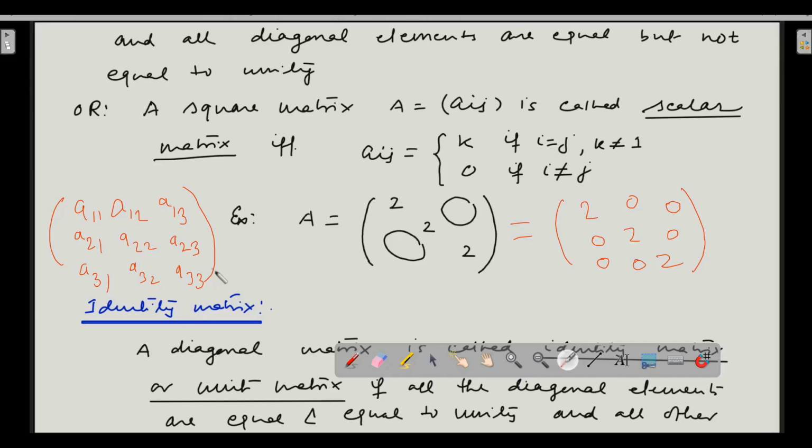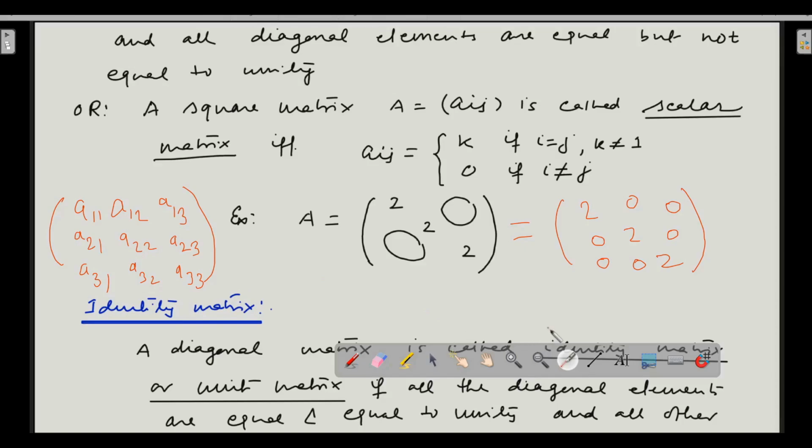This is the first row. First row, first column a11, first row, second column a12, first row, third column a13, second row, first column a21, second row, second column a22, second row, third column a23, third row, first column a31, third row, second column a32, third row, third column a33. So this is the meaning.